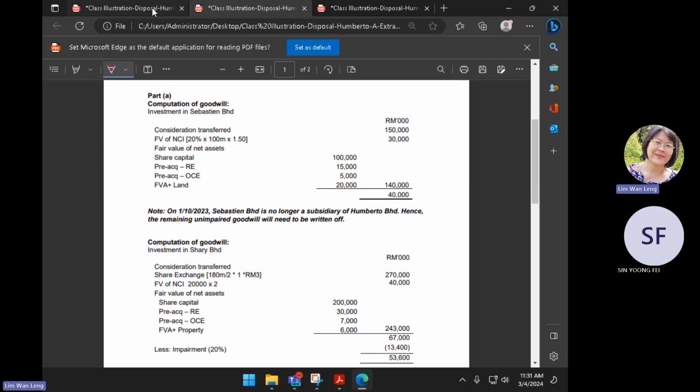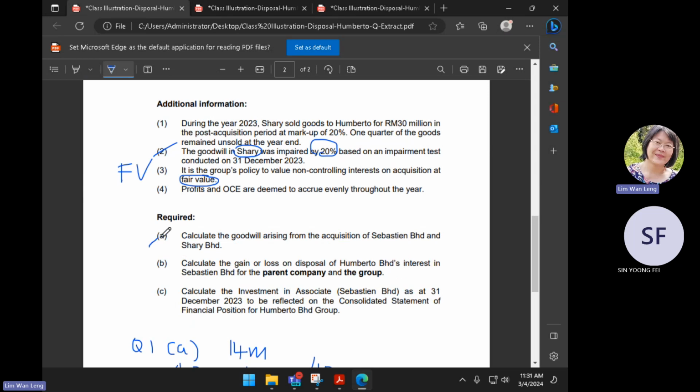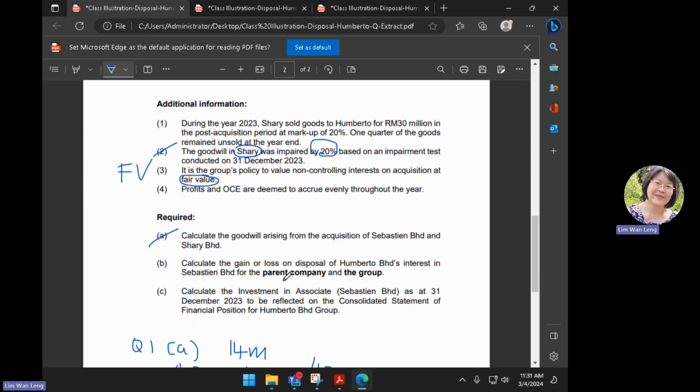Now we go back to the question. So that is the first part of the question. And then they tell you, calculate the gain or loss on disposal of holding's interest in Sebastian, for the parent company and for the group.